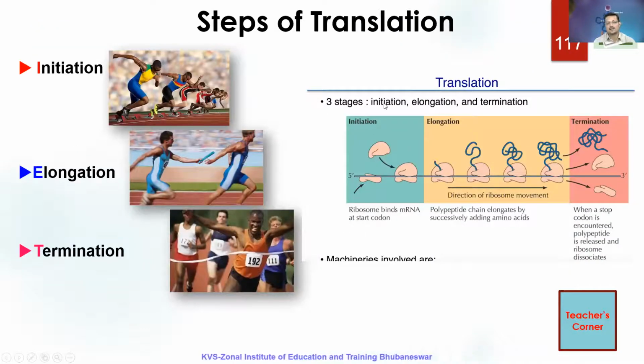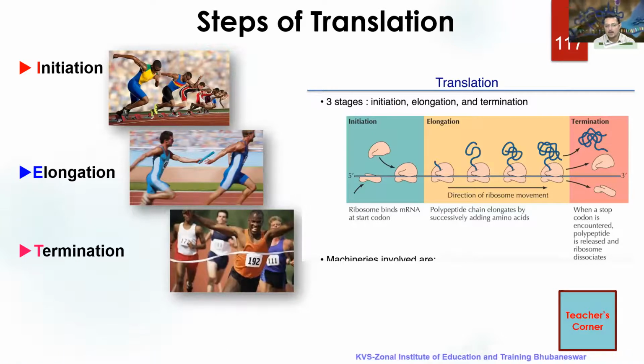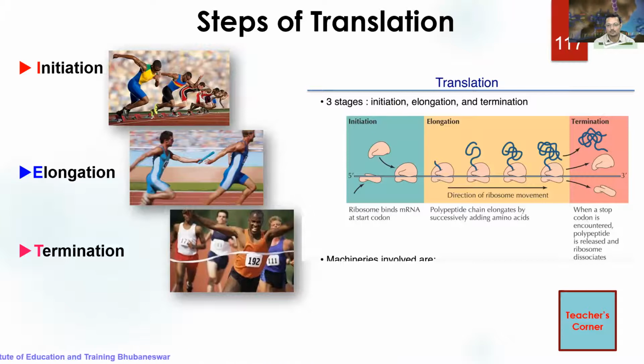So steps of translation: as you can find in every race, there are 3 steps. Initiation, how you take off; elongation, how you move in a relay race and give the baton to the next participant; and termination, the finishing line. 3 stages. Initiation, what happens? In crisp words, the ribosome binds mRNA at the start codon.